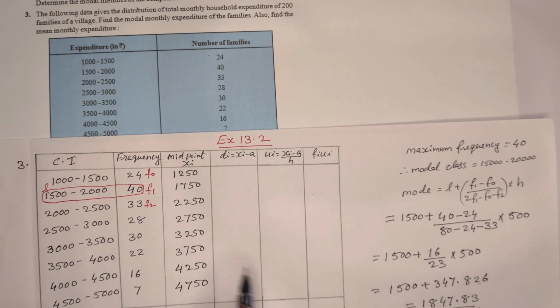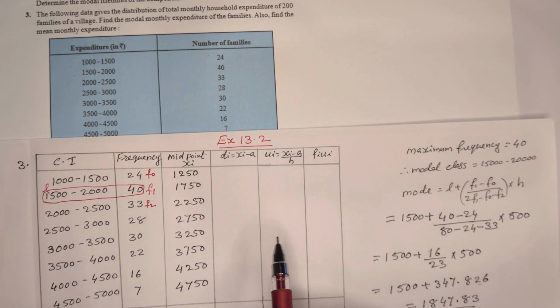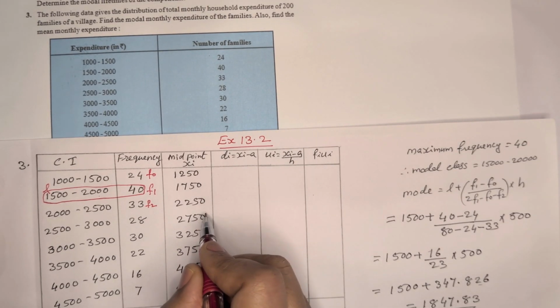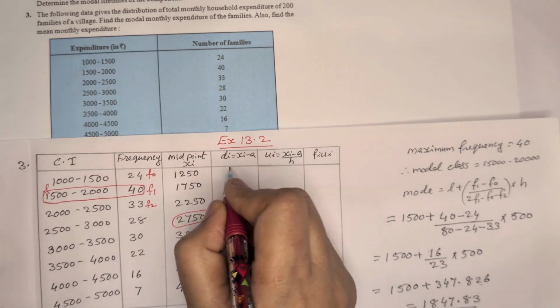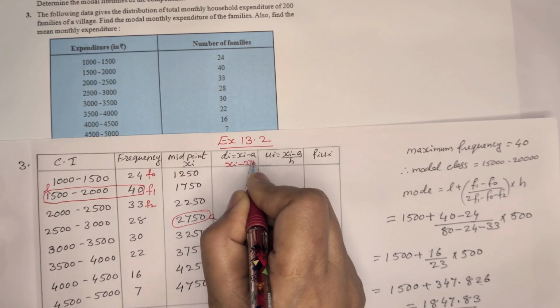Next we can take big numbers, so we have to follow the step deviation method. That is easy for calculation work. So we can take A as the middle one of that value, 2750 as A, which means xi minus 2750.